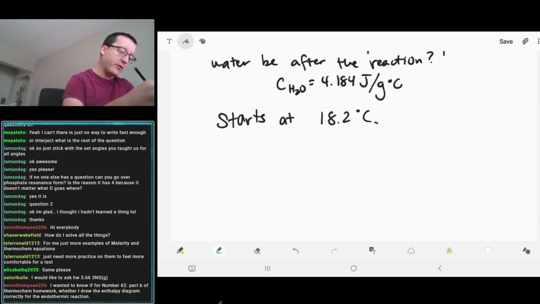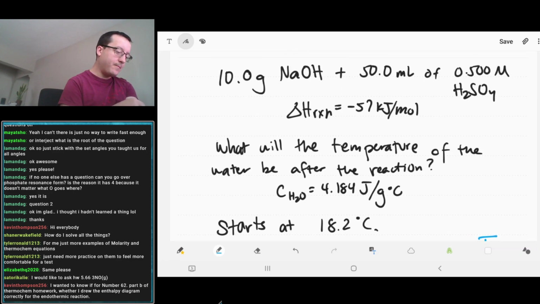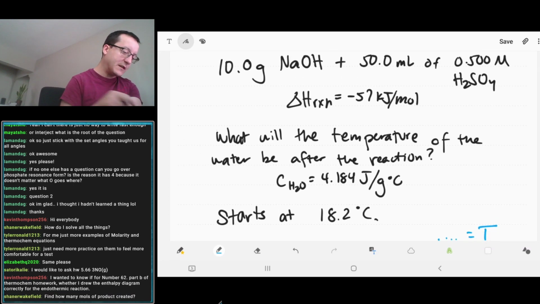So after all of this work, we should get a temperature. That's what we're looking for. And if we look at all of the stuff given to us in this problem, yeah, I like that idea, Shane. That's a good way to start.